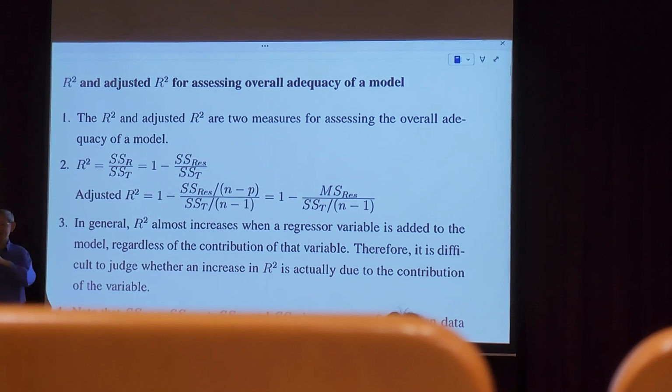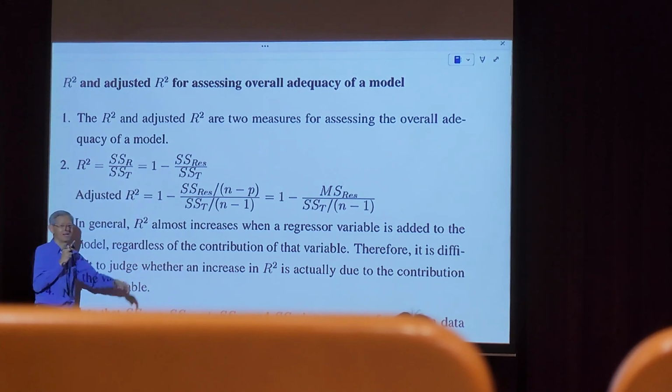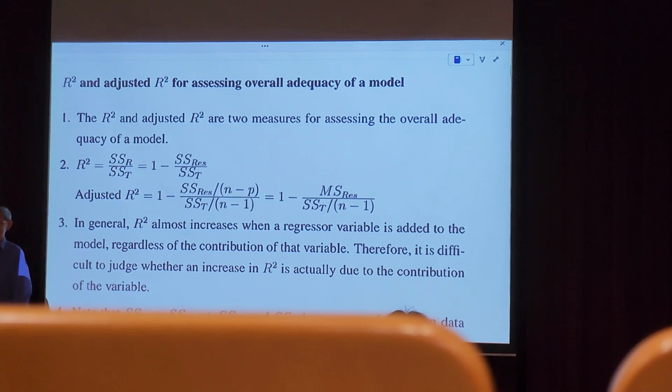And if I want to study if there's any cubic component, I can add age to the power of 3, and then R squared will go up some more. In fact, every time you add a regressive variable, R squared will go up.